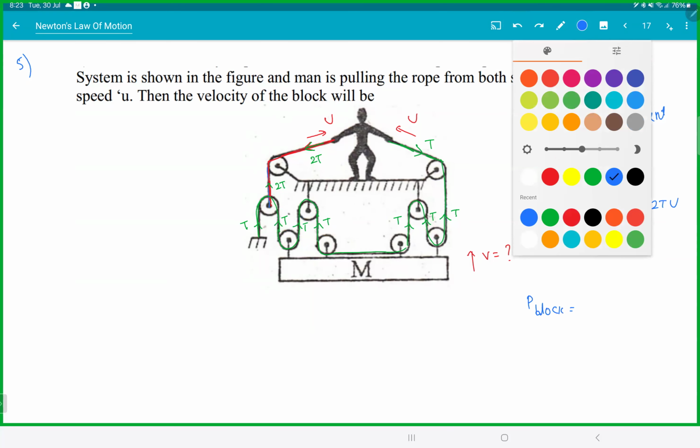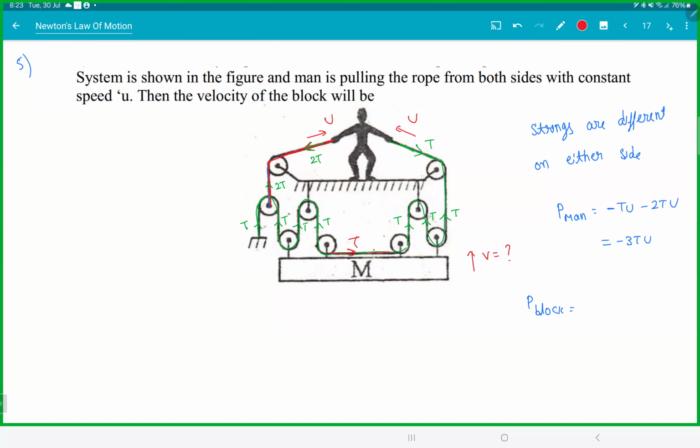Now, some people will get a doubt. Why are we not taking these tensions? These won't matter. First of all, they'll cancel. Second, velocity is upward, tension is horizontal. You should take tensions in the direction of velocity. So this is 6 times T into V. The total power is 0 equals minus 3TU plus 6TV. V is U by 2.